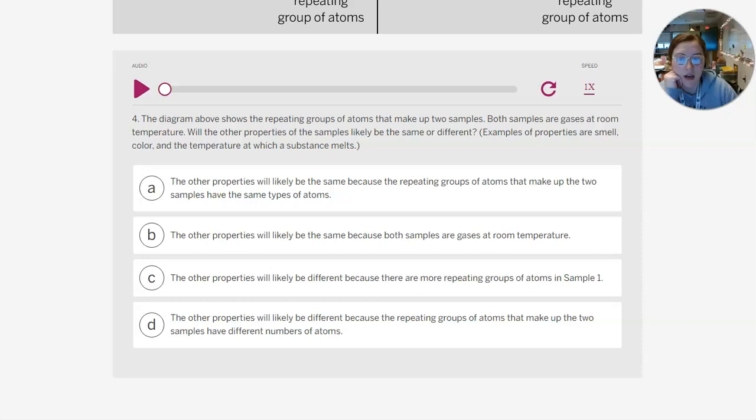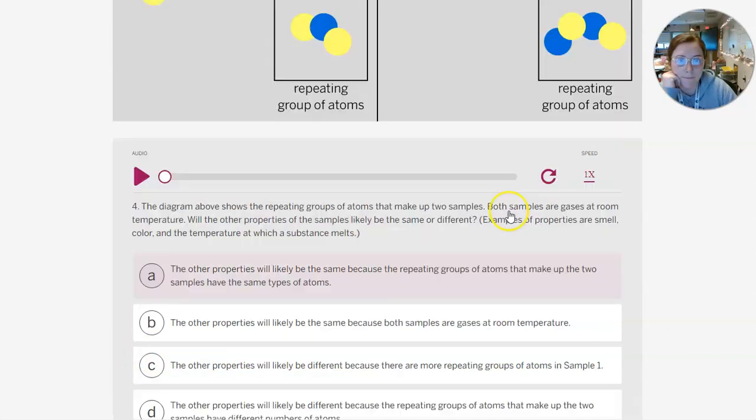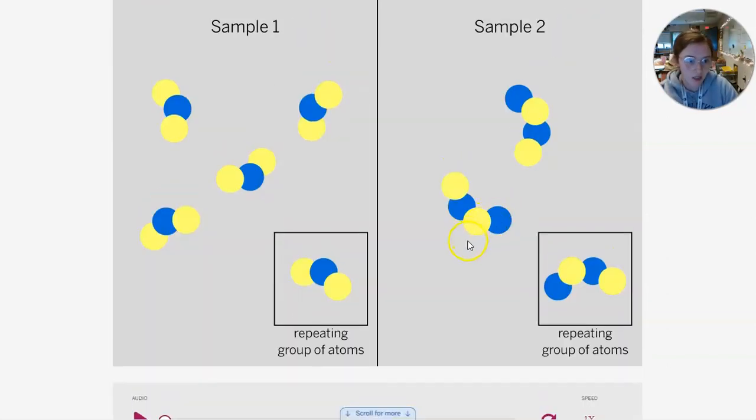This is asking if the properties will be the same or different. Since they're different substances, the properties will be different, but not because there's more groups of repeating atoms, but because the repeating atom groups have different numbers of atoms. So my answer is D. They're the same color, they're the same type, but this one has 2 blues, this one just has 1.